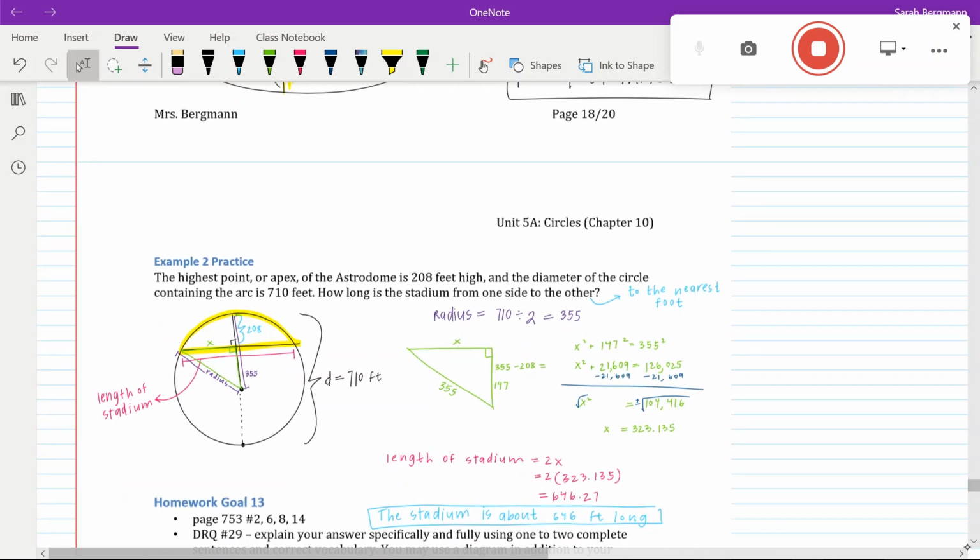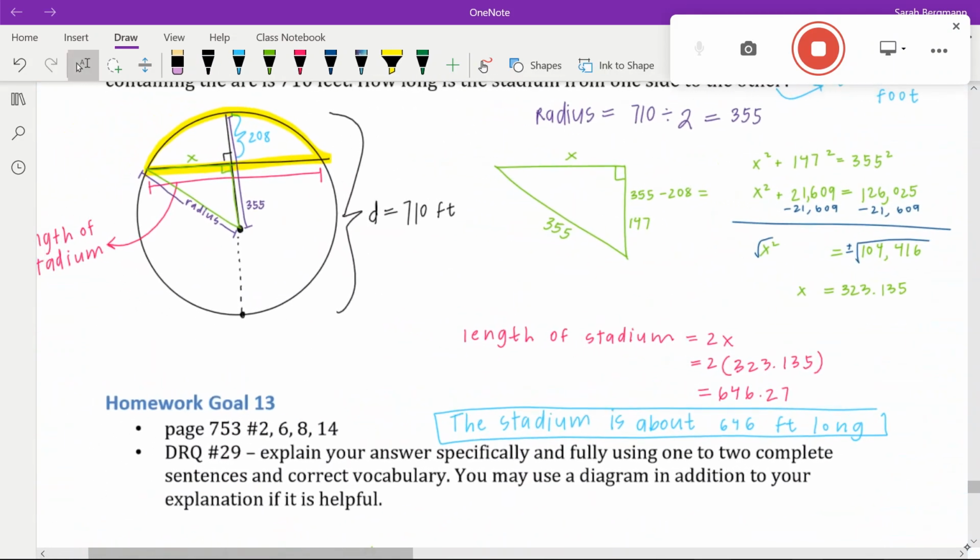This is showing another way to solve the problem using a right triangle. You could have also solved it using the product of the chords as well. As long as you get the same answer, that is correct.